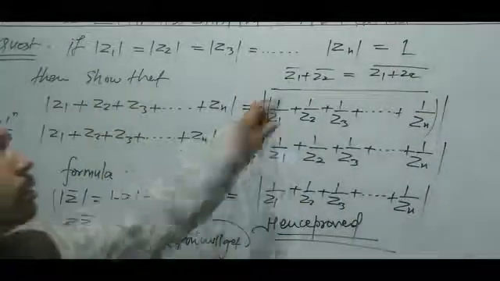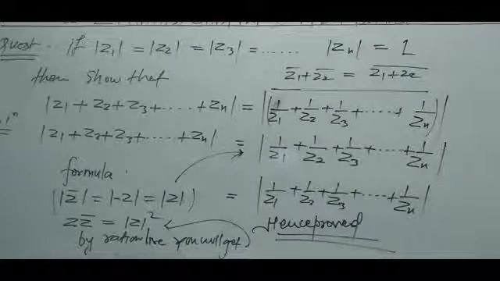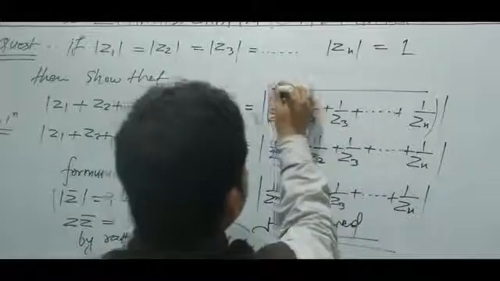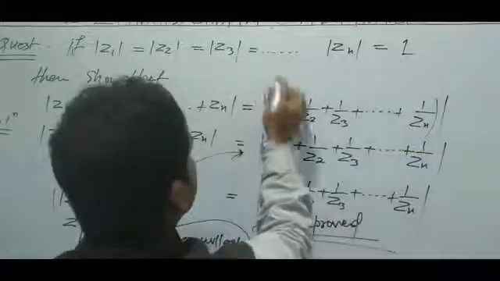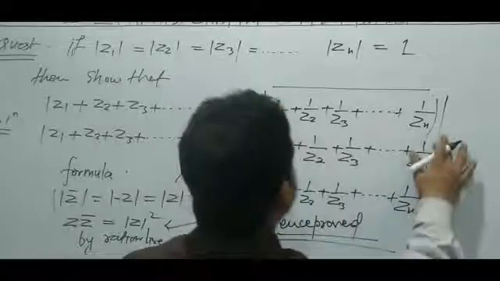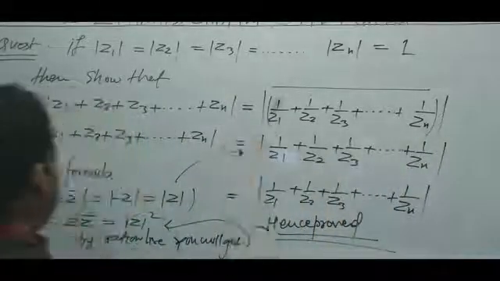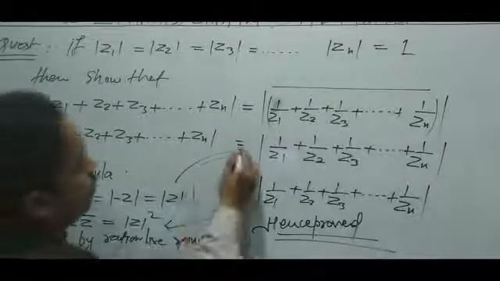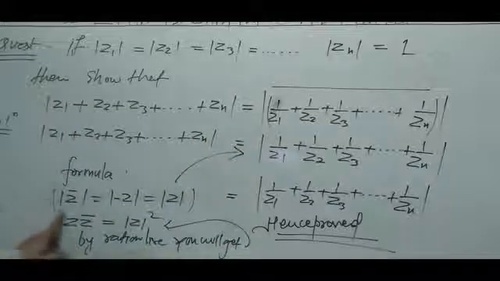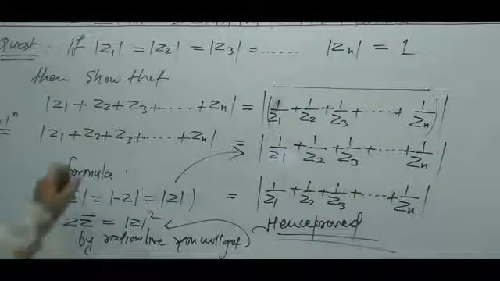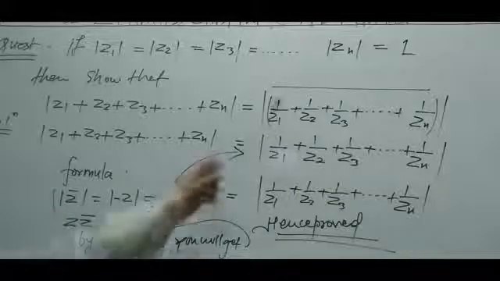Similarly, we have used it for reciprocals. Now in these steps we have used this formula, because mod of z is equal to mod of minus z is equal to mod of z bar, all values are equal.